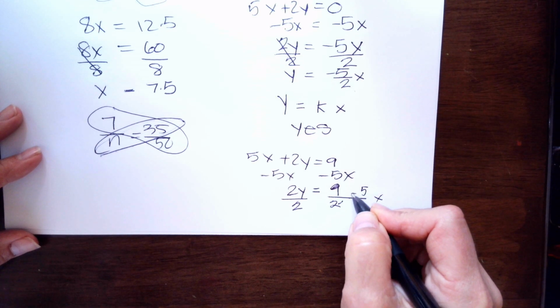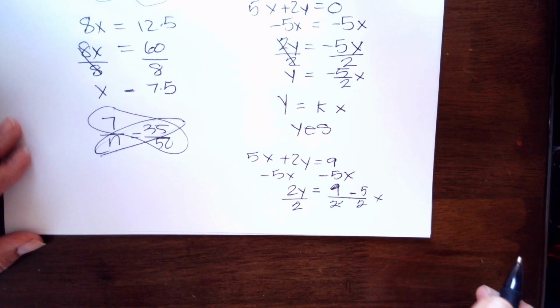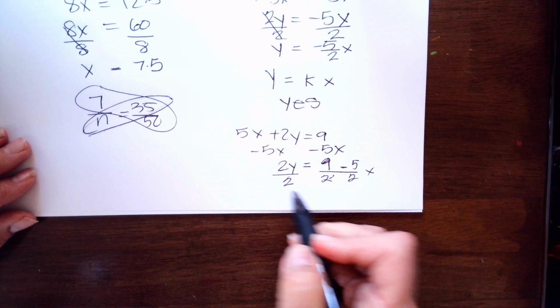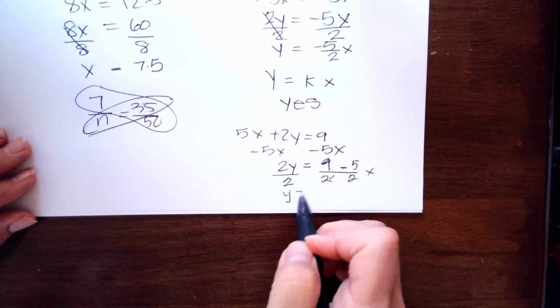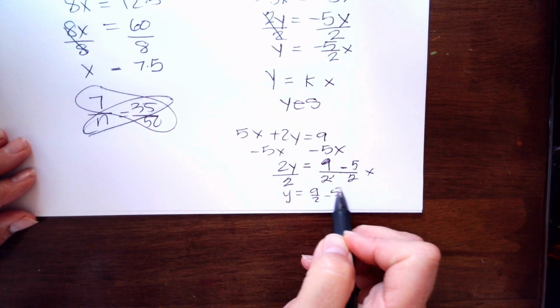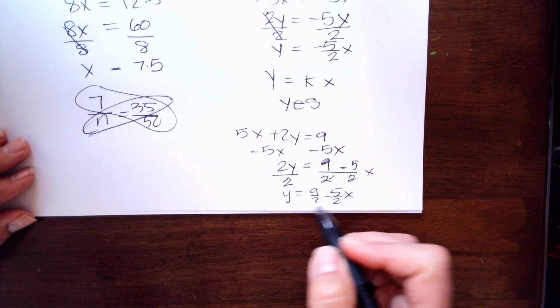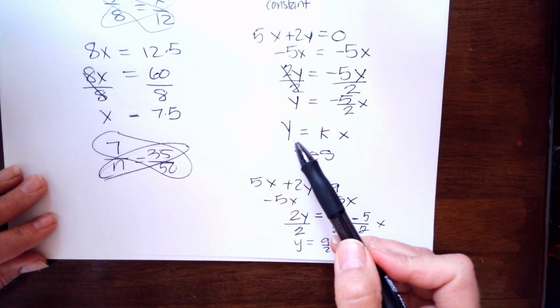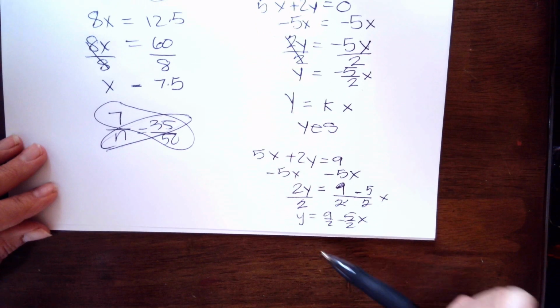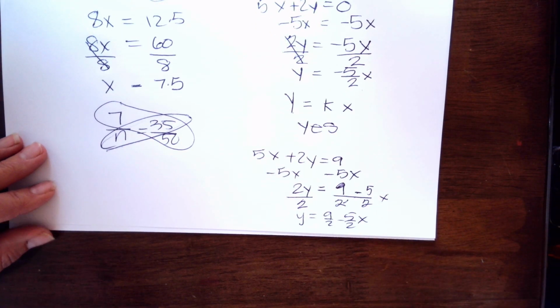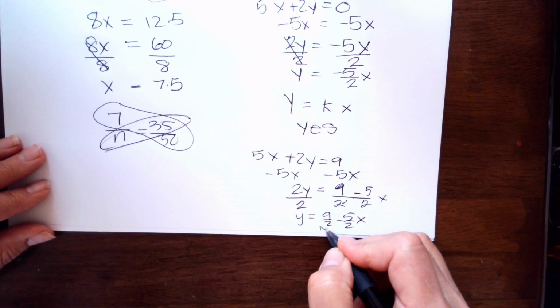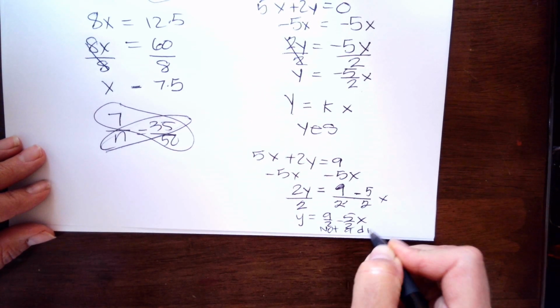Sorry, this should be separate right here. And now we check 9 halves minus 5 halves x. Is it in our form y equals kx? No, it is not. So it is not a direct variation.